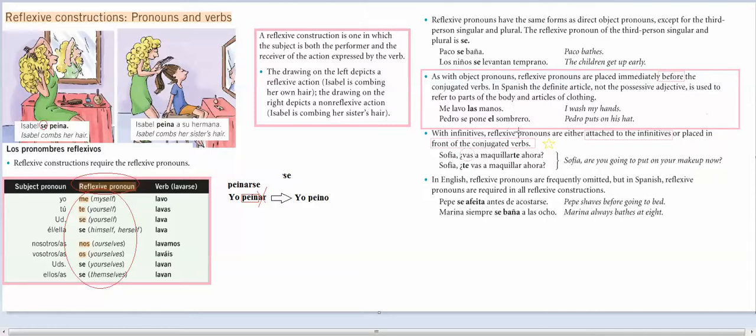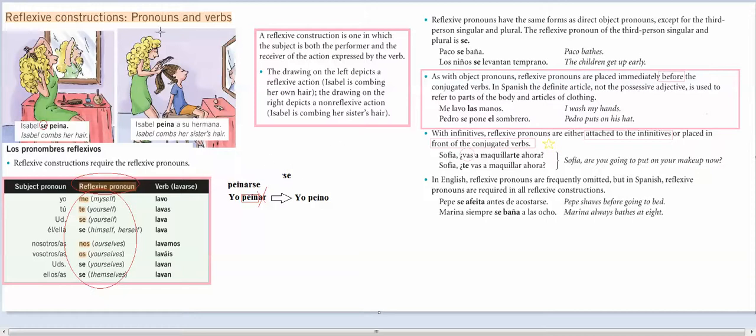As with object pronouns, reflexive pronouns are placed immediately before conjugated verbs. All right, so that's what I've got here as a conjugated verb. So I'm going to use "me," and it should go right in between.